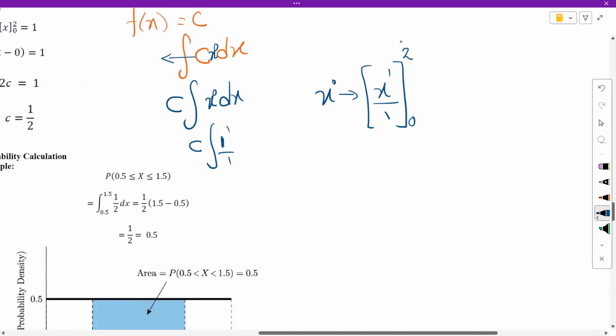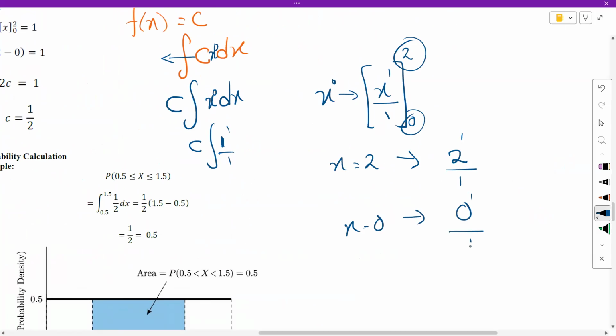First we substitute the upper limit, x equals 2, giving 2 to the power 1. Then we substitute x equals 0, giving 0 to the power 1. So 2 minus 0 equals 2.